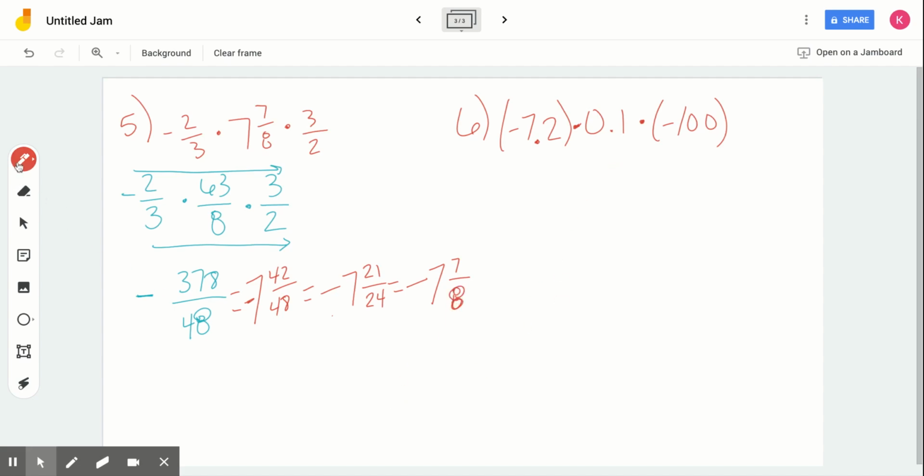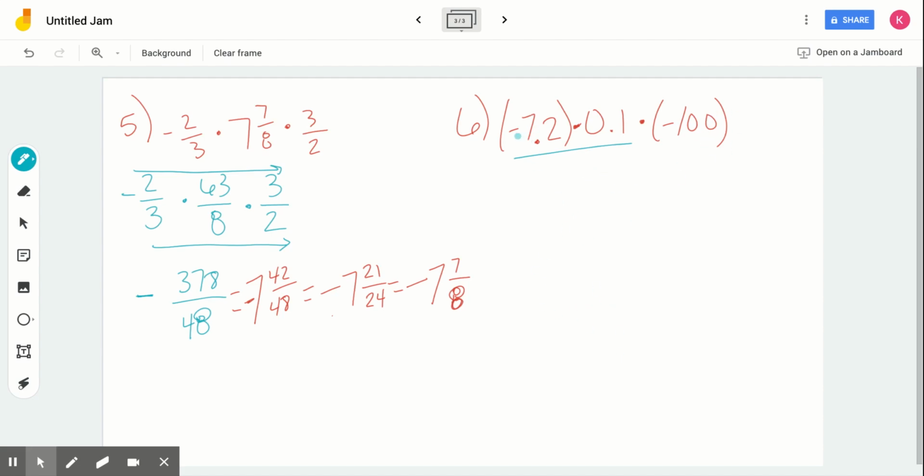On this last one, when we're multiplying 3 rational numbers as decimals, we start from the front, multiply the first two, and multiply that answer by the third number.